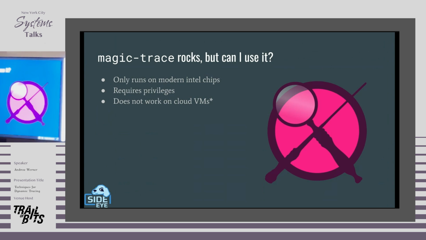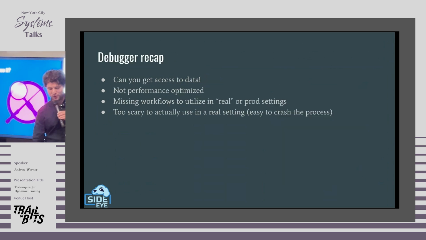You can get a specific Amazon VM if you pay for bare metal where it can run, but for the most part, in your production containerized environment, you're not going to get magic trace to work. Now, probably it's worth giving your engineers some desktop with nice tools like this. rr is another one, but it's not broadly available for your production issues.